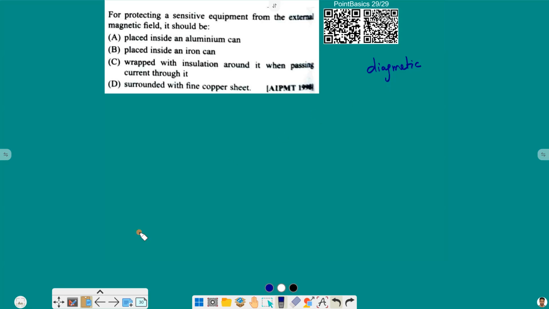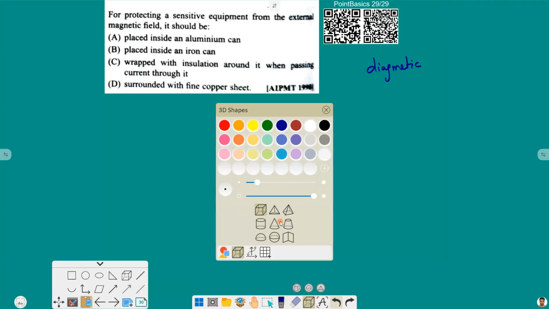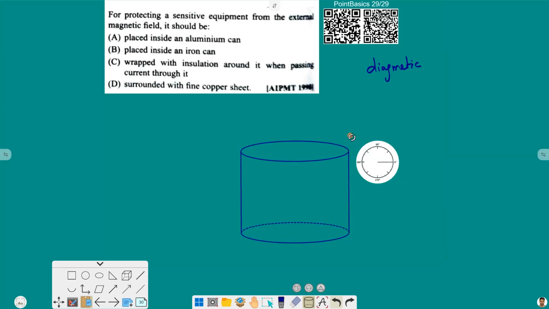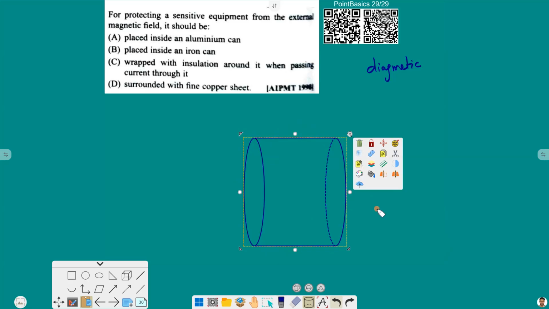So what happens? Let's suppose we have a highly magnetic material. Suppose this is the rod we have and it is made of highly magnetic material.